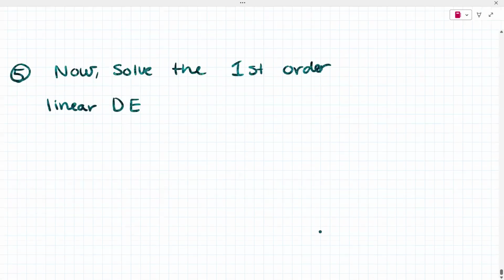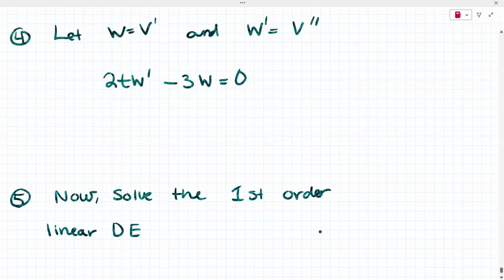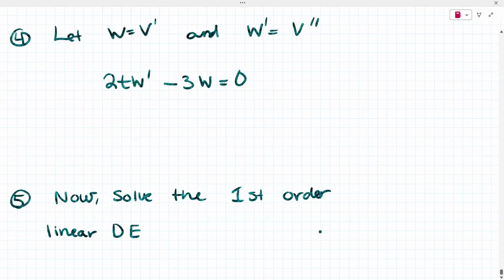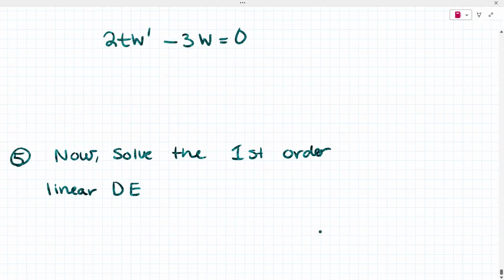Okay, now if you look here, the coefficient is now of first order, so now you can solve it.